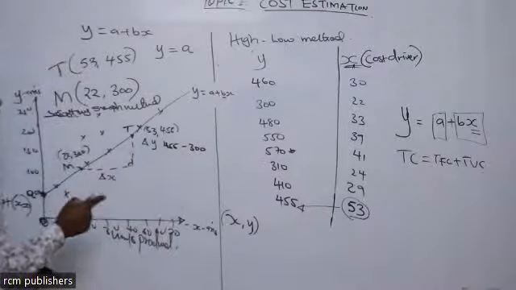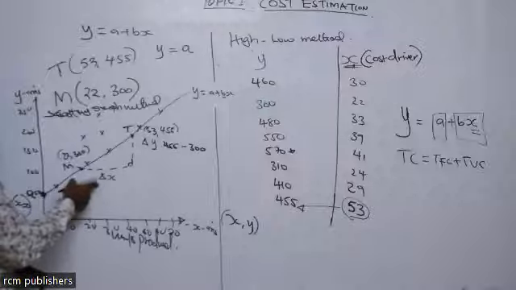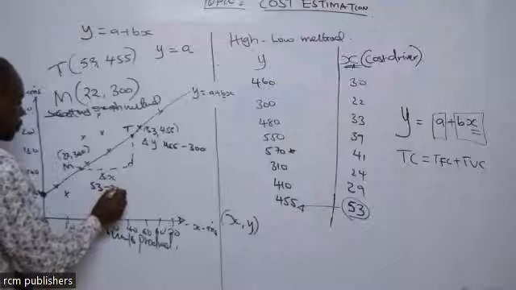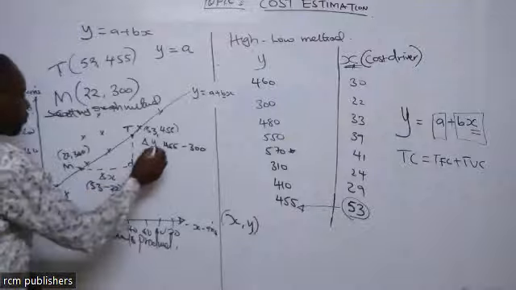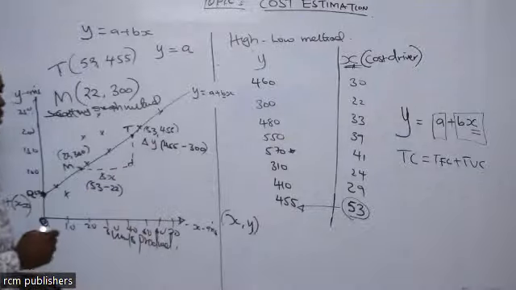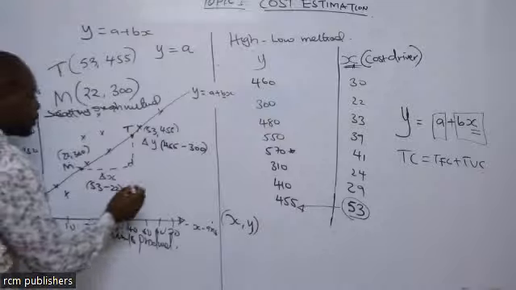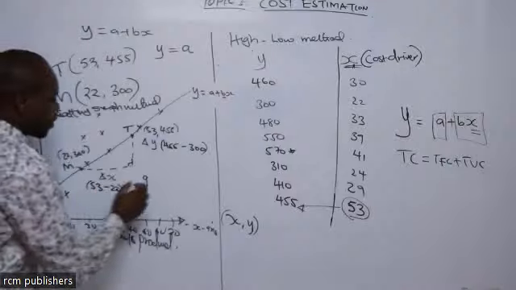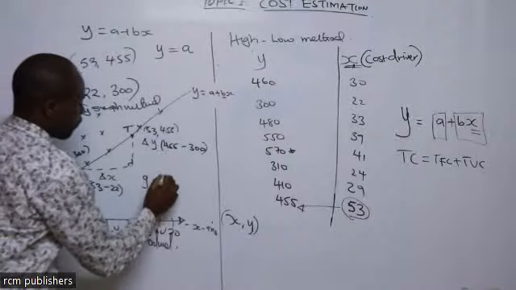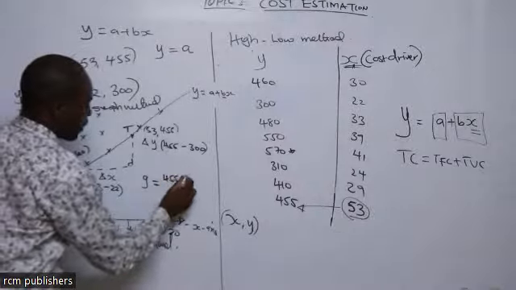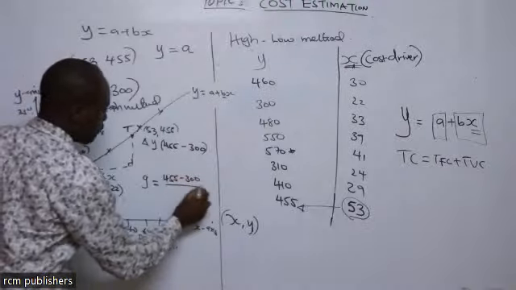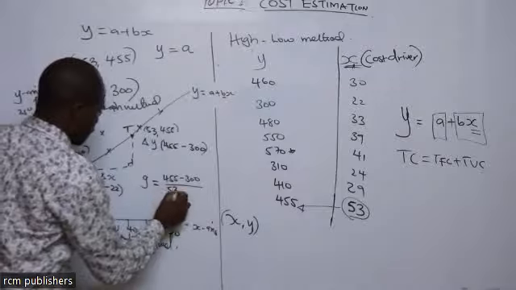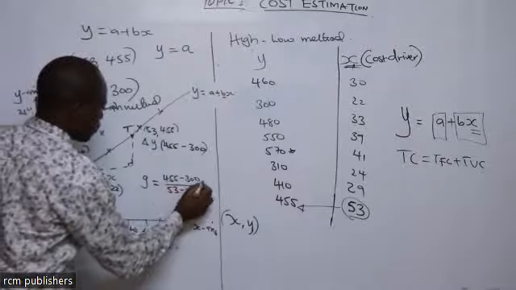We divide by change in x, which is 53 minus 22. So let us now get the slope or gradient of that curve, which is equal to (455 minus 300) over (53 minus 22).